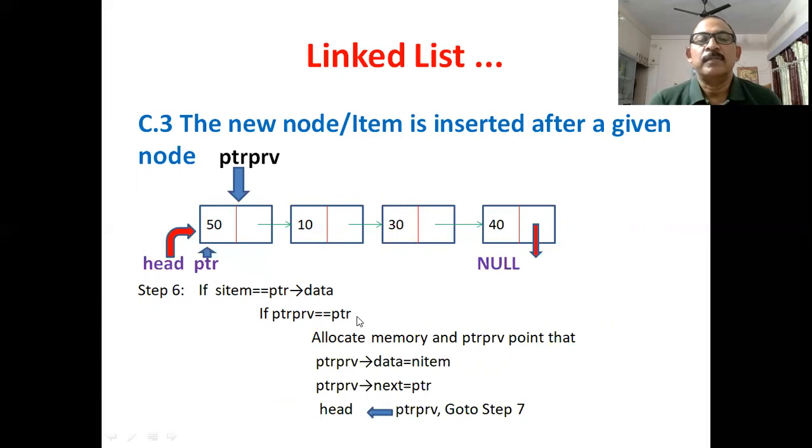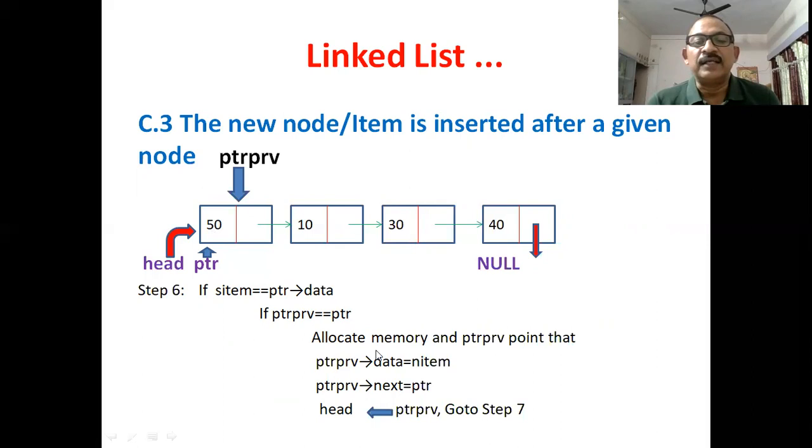it means? If search item is found at the first place, first node, means suppose we want to insert an item before the first node, means this 50 node. In that case, PTR and PTR previous point to the same node. Same node.